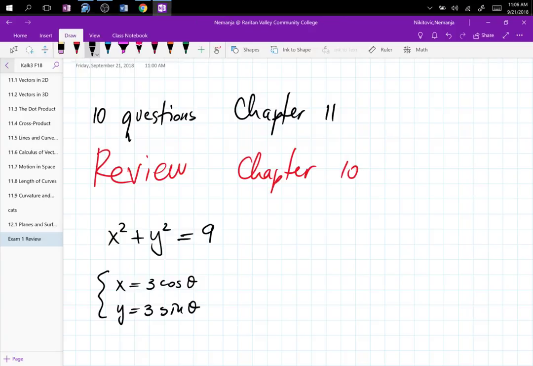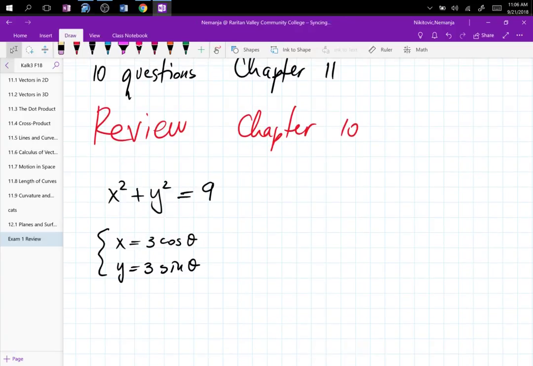So that was another way. And then finally, the chapter 11 way: r of t equals 3 cosine t, 3 sine t. So, yeah, parametric equations in chapter 11. So that's 10.1.